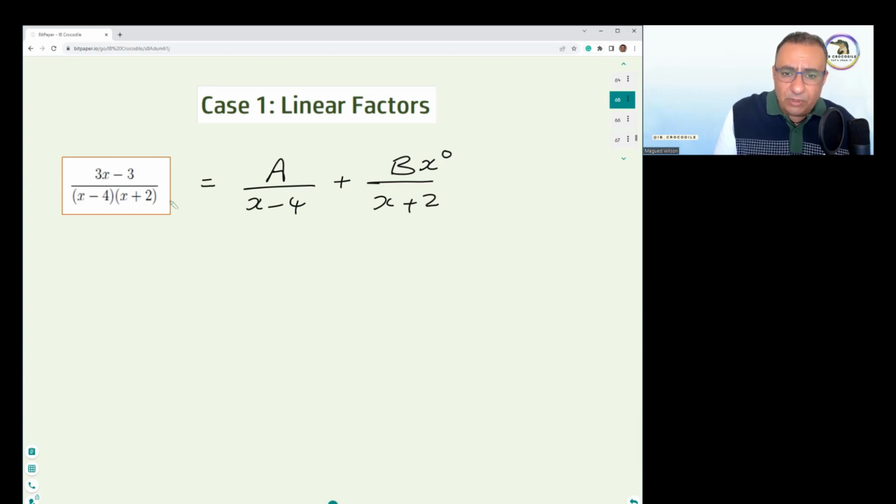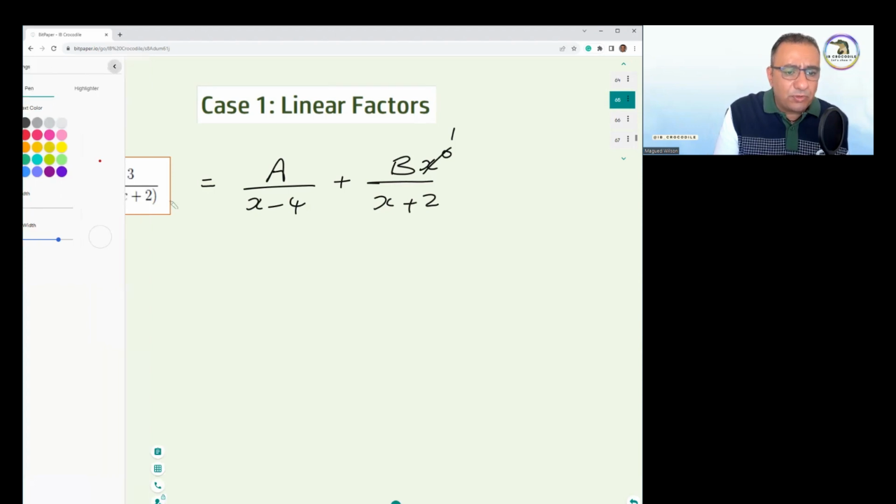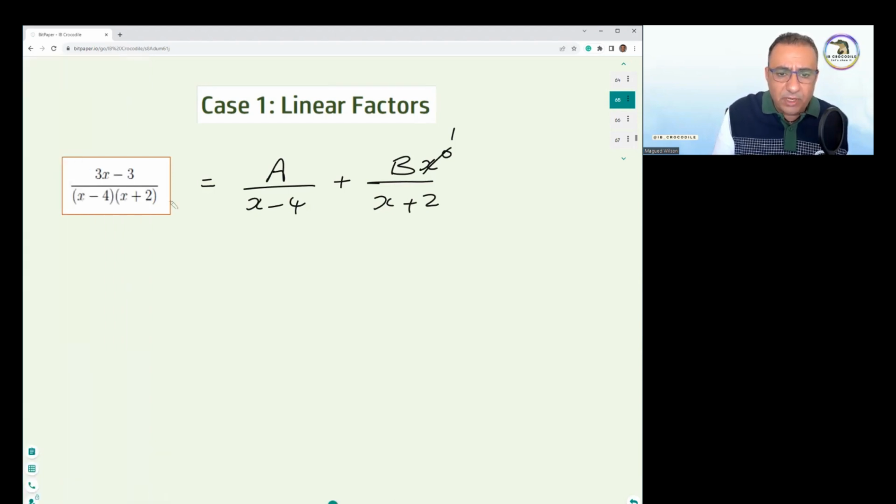Anything to the power 0 is 1, so I just have b here. Now step 2, this is what I would do: I would multiply both sides by the original denominator. So here we have 3x minus 3 divided by x minus 4 times x plus 2.